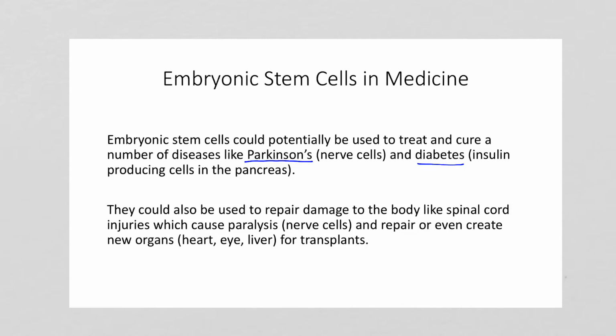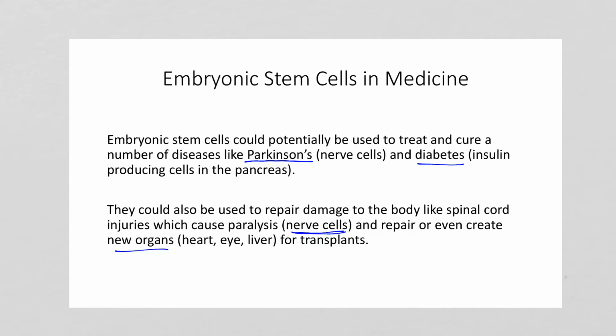So people who are in really traumatic car accidents or other sorts of accidents where they break their back and sever their spinal cord, they're paralyzed. In theory, you could repair that damage using embryonic stem cells by regrowing the neurons that make up that spinal cord. Potentially even create new organs. So create a new heart for somebody who has heart problems.